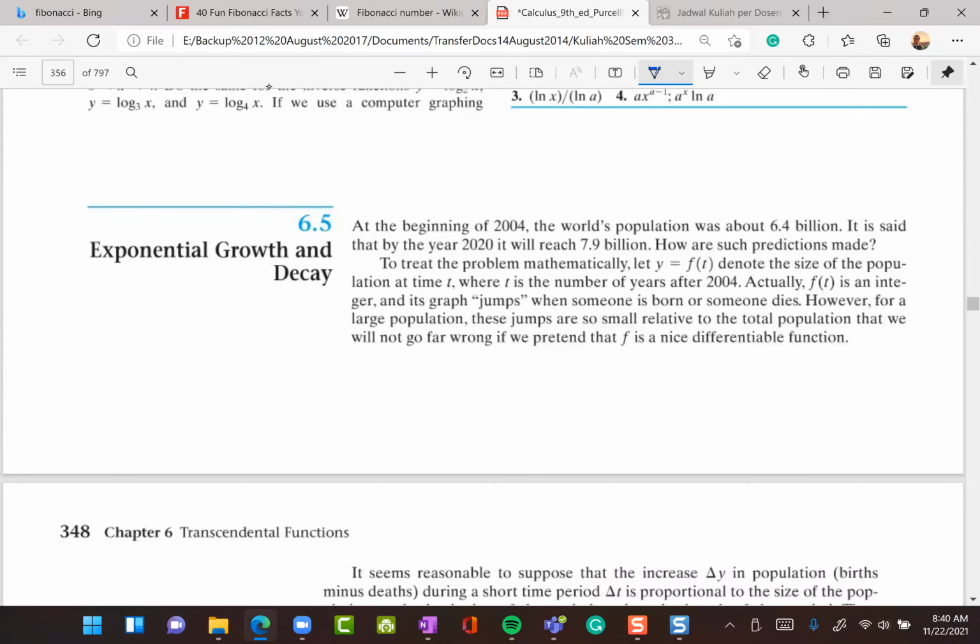In the beginning of 2004, the world population is 6.4 billion. By 2020, assume 2004 is t equals 0, so P of 0 is 6.4.